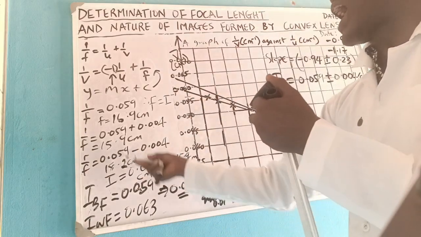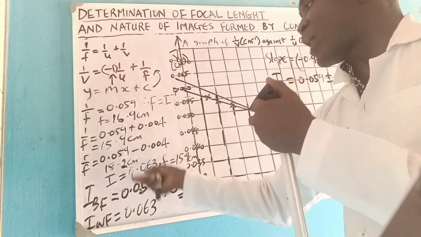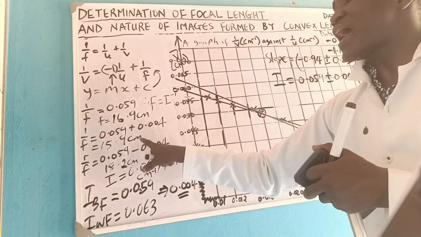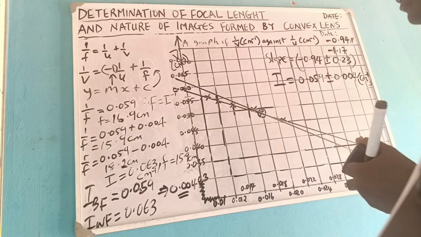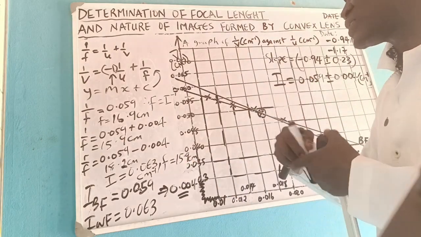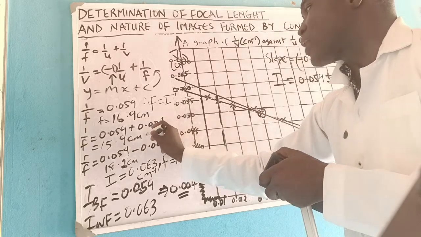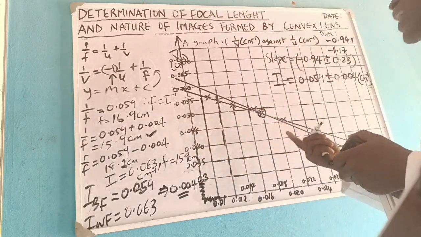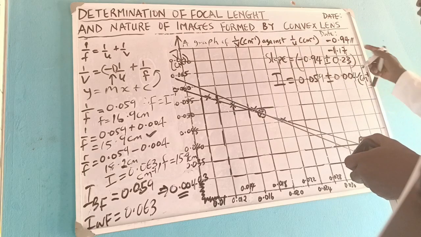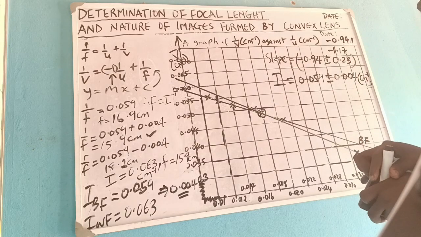That means these are possible values of your focal length you can get, and one of them must satisfy the marking script they have. So I guess the one that will satisfy it very well is this one. And so that is the essence of you getting your error in your slope, getting your error in your intercept. It helps you to be on a safe side.